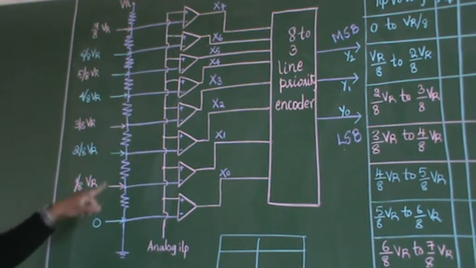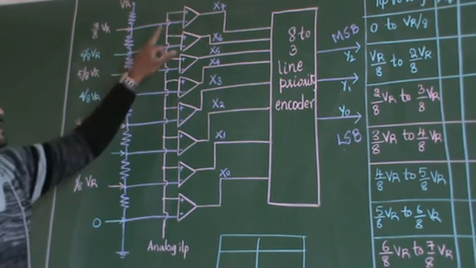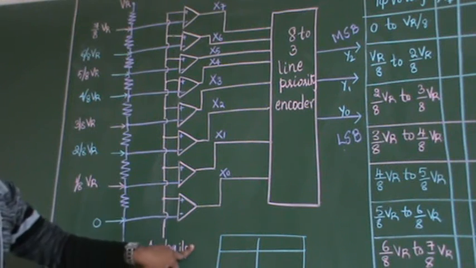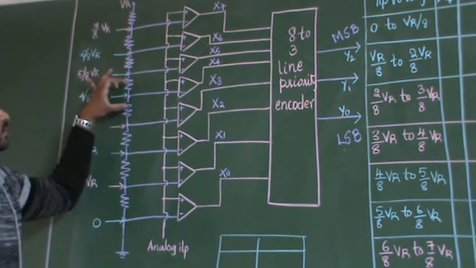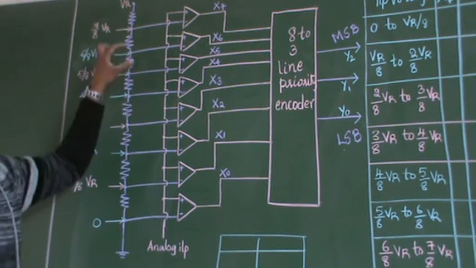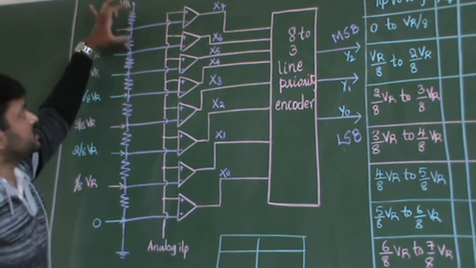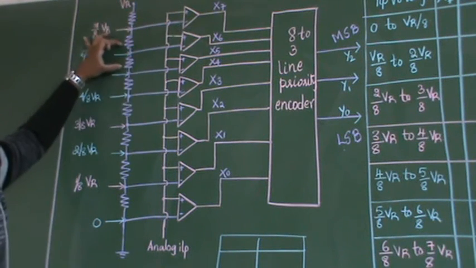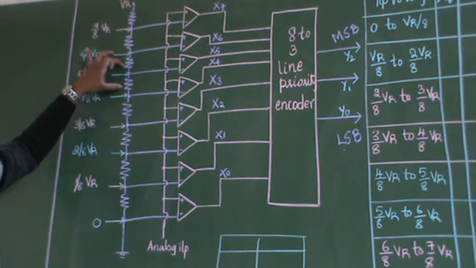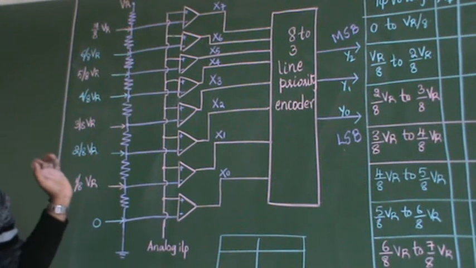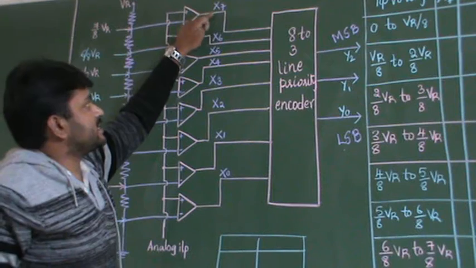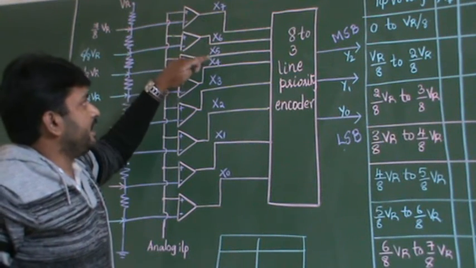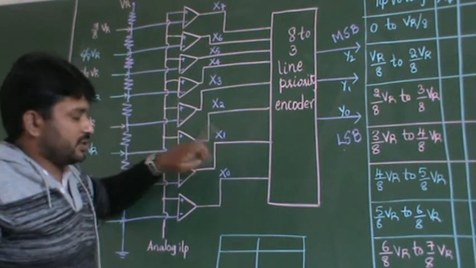So there are 8 resistors vertically and 8 comparators vertically, with one comparator between 2 resistors, another between the next 2 resistors, and so on. The outputs of the comparators are represented as x7, x6, x5, x4, x3, x2, x1, x0.